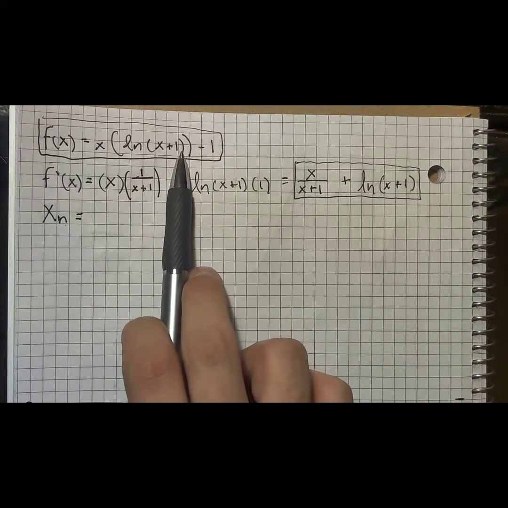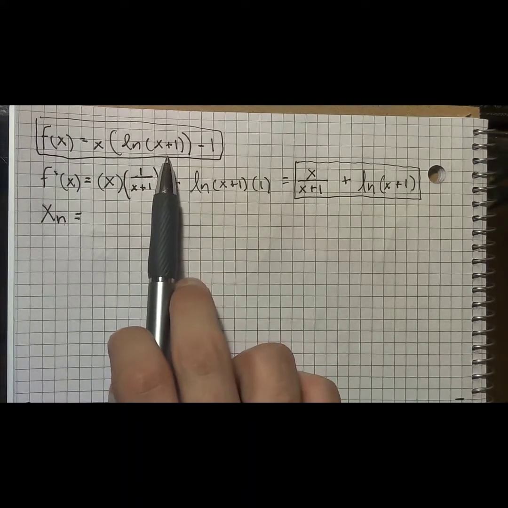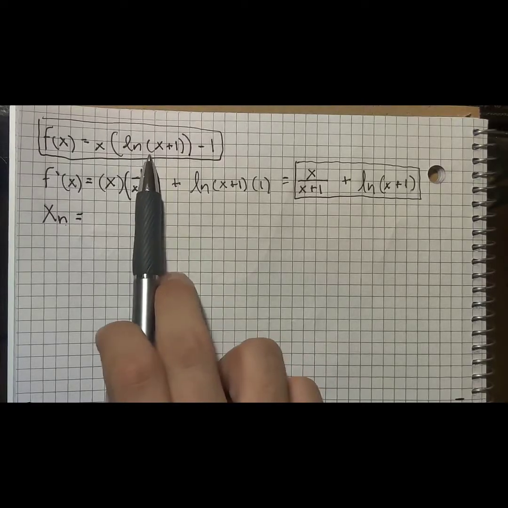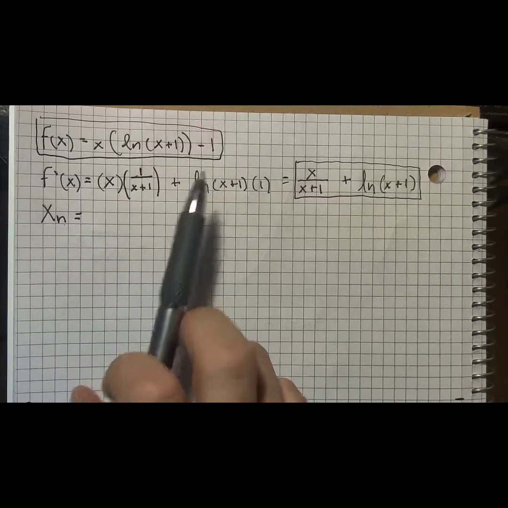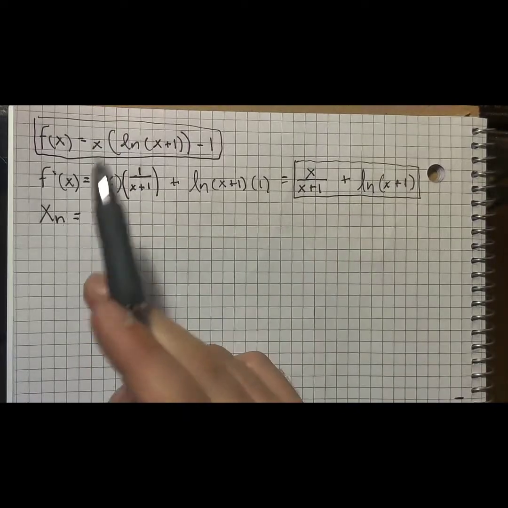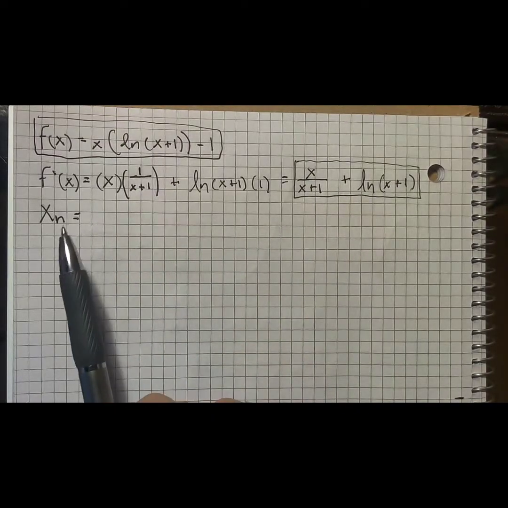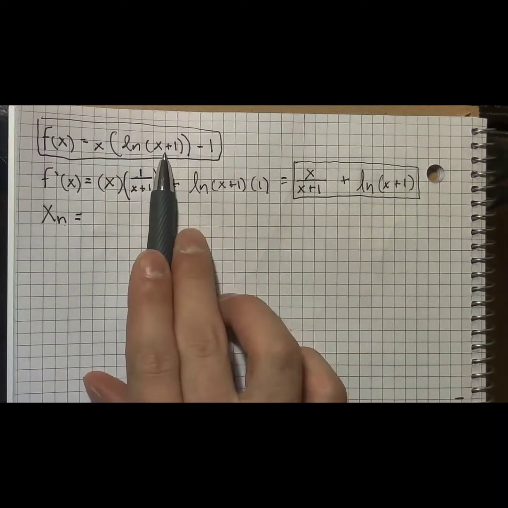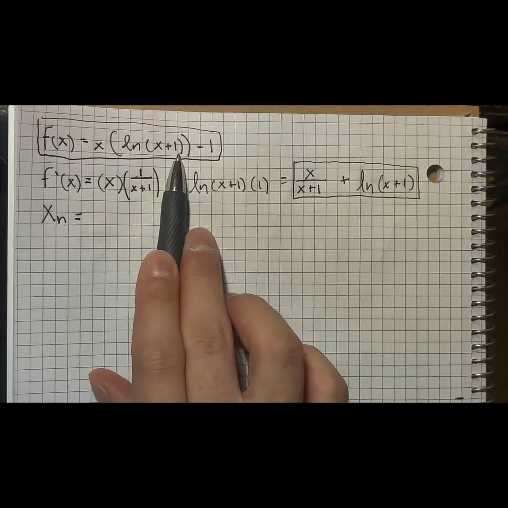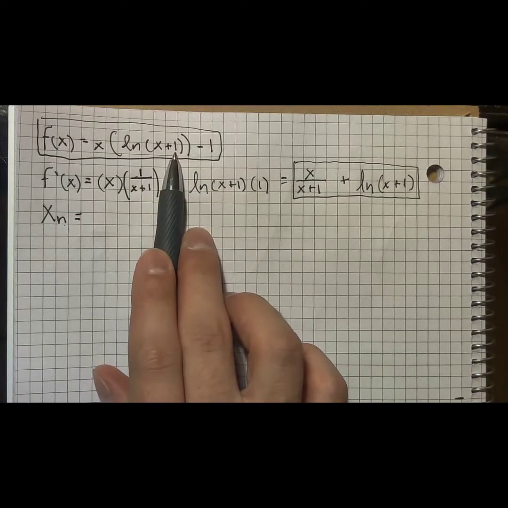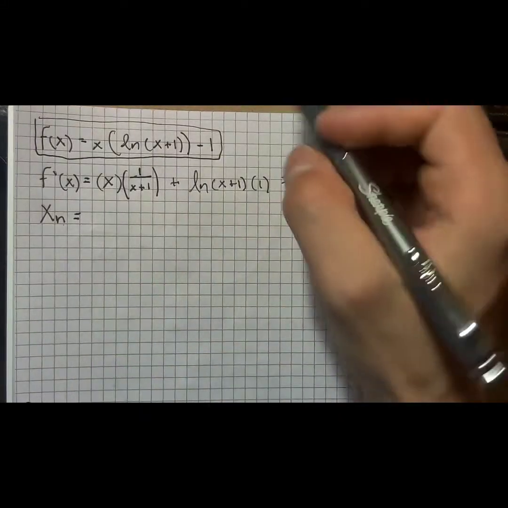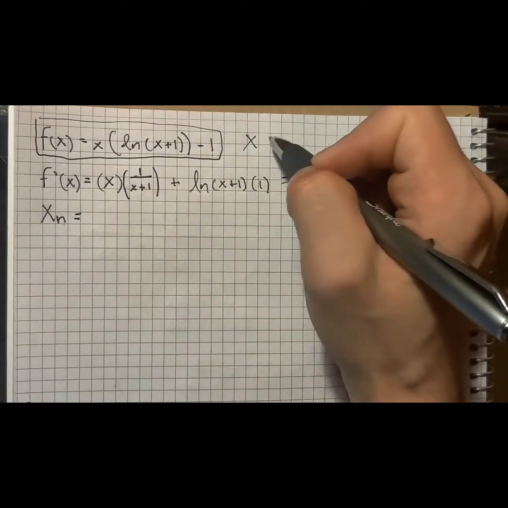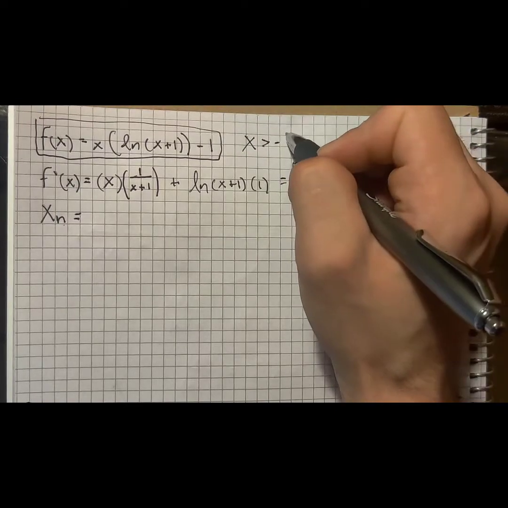So anything within these parentheses, if it's 0 or negative, it's going to give us an undefined, an error message when we try and graph it. So I know -1 plus 1 is equal to 0, so it can't be anything -1 or less. Right there, that's our domain. It's got to be greater than -1.